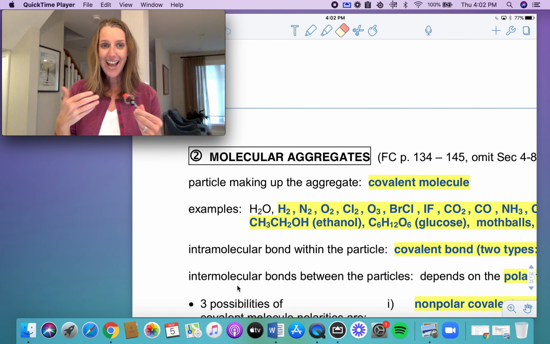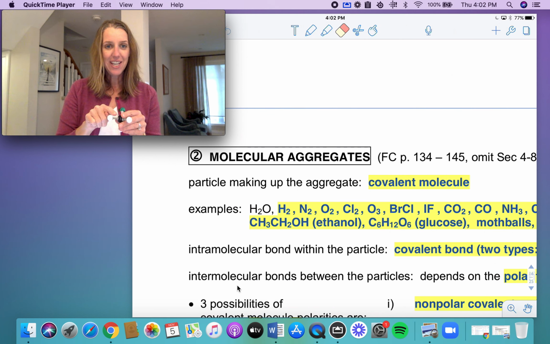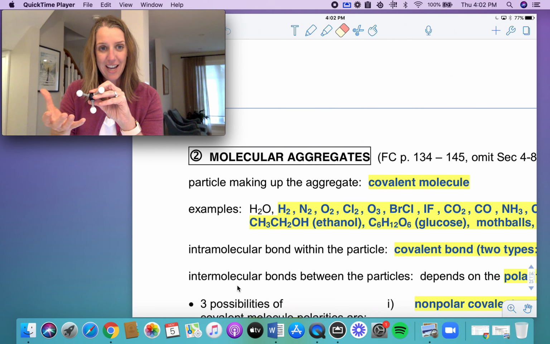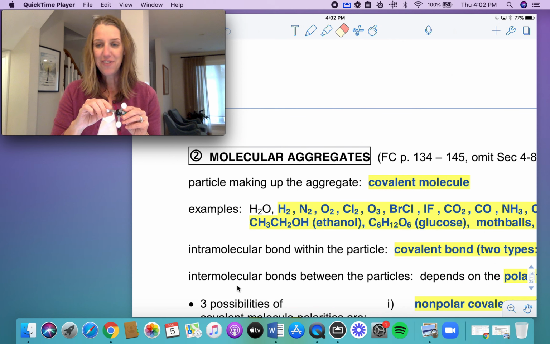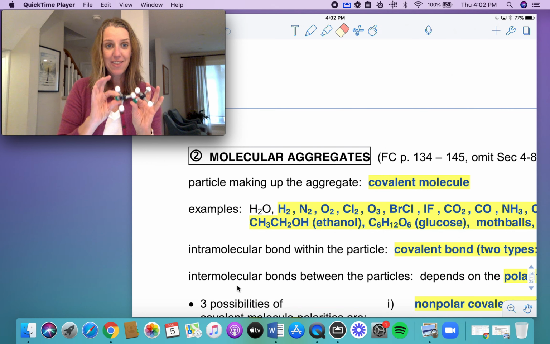And of course, that has to do with the kinds of intramolecular bonds that are inside of the molecules, because then that will determine the overall polarity of the molecule, and then that's what we're going to use to help us figure out what kind of intermolecular bond this molecule will have with another one that's identical to it, so an aggregate of this.